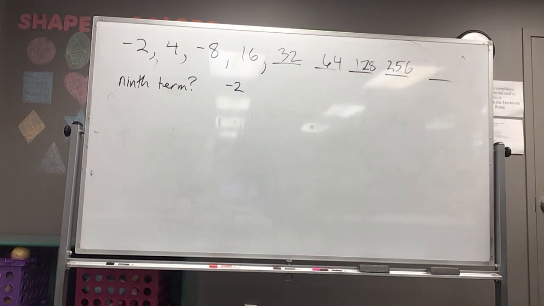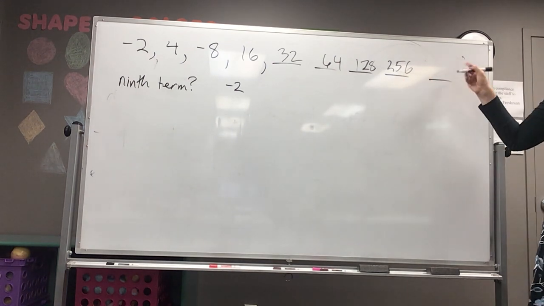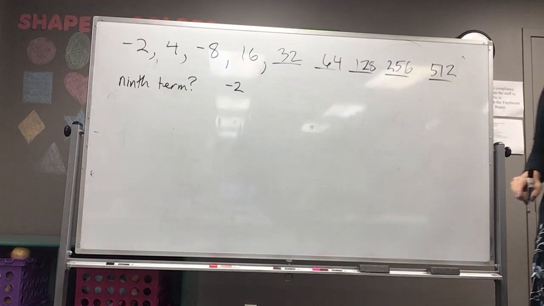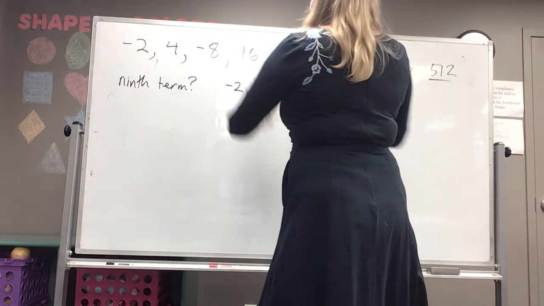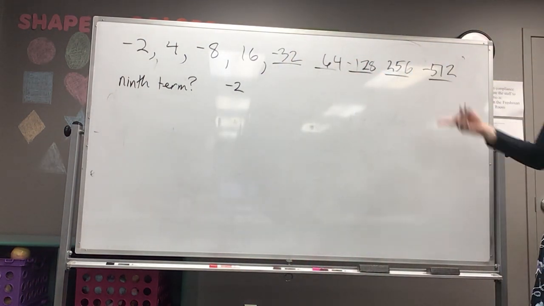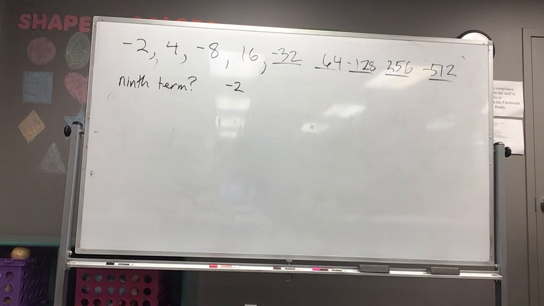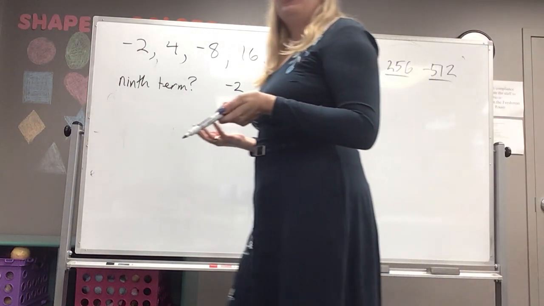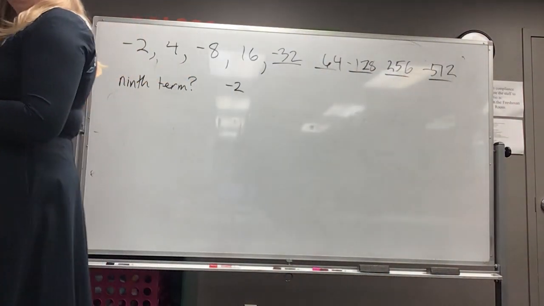And so these ones are really familiar with me, but we're just multiplying by 2, by 2, by 2, 512, and then go back and double check and say, okay, negative 8, negative 32, negative 128, negative 512. And so for me, when it's around the 9th term, it's probably faster to still just multiply it.